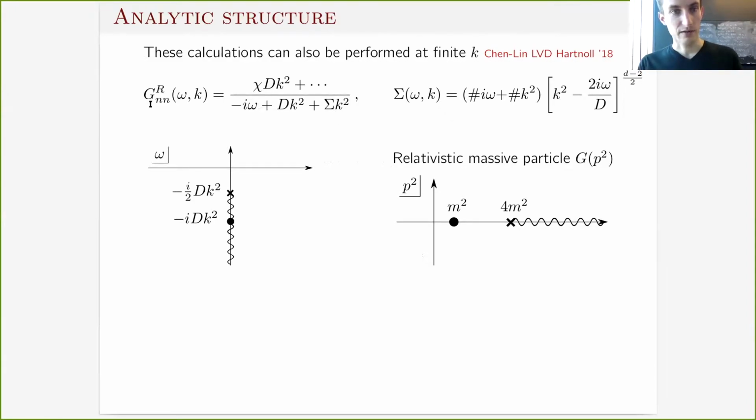What you find is that the charge two-point function, for example, looks basically diffusive, but it has a self-energy correction, which looks like this. It's non-analytic. It's the same non-analyticity that we saw before, but now we can see it as a function of both wave vector k and frequency. And what's interesting is that it has a branch cut with a branch point not at the diffusive pole, but halfway to the diffusive pole.